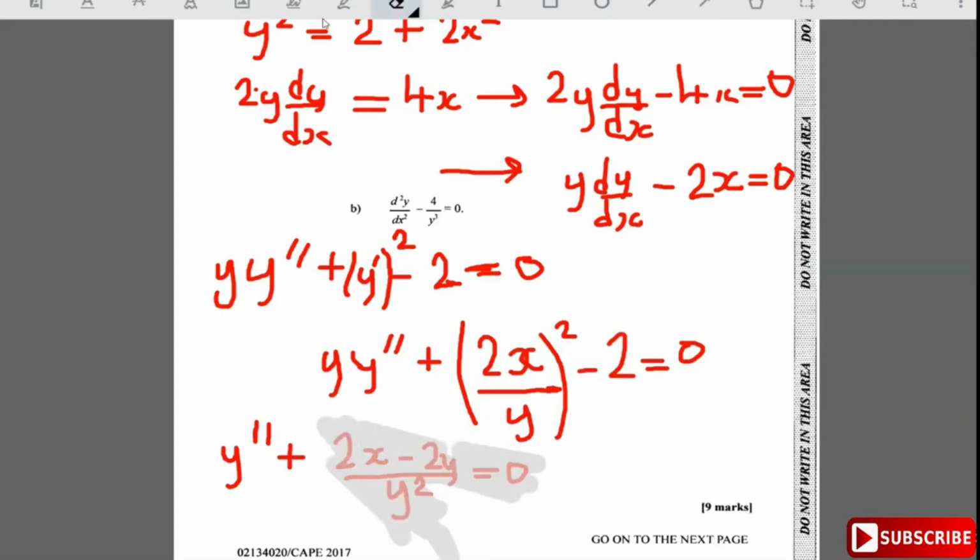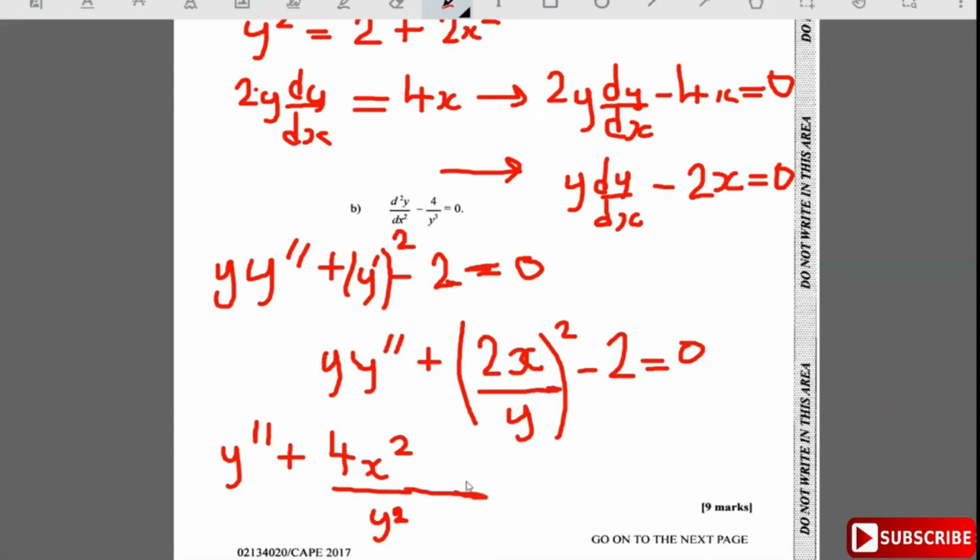So now, finally, to finish it off, we're getting 4x squared over y squared, so 4x squared minus y squared minus 2. Instead of writing minus 2, we can put minus 2y squared, and this is equal to 0.